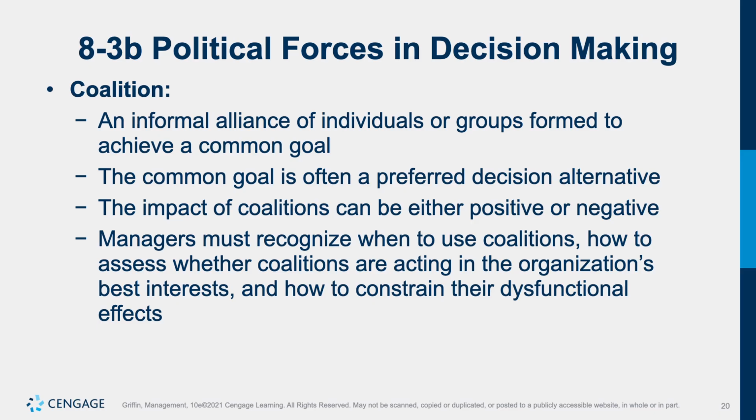And managers must recognize when to use coalitions, how to assess whether these coalitions are in the best interest of the organization, and how to manage their dysfunctional effects, right? How to limit the negative impact of coalitions.